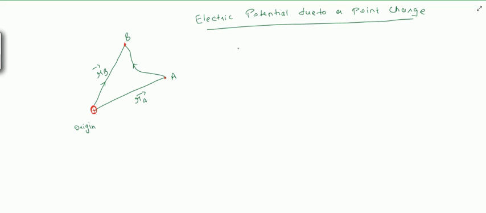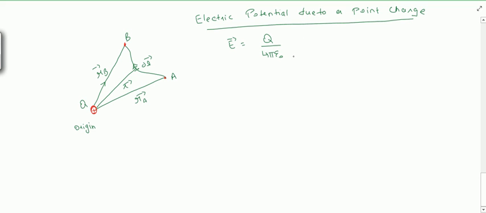So you know that the electric field due to this point charge will be, suppose here I am considering a dl length. So the electric field will be q, suppose this charge has magnitude q, divided by 4 pi epsilon naught, and the vector here, let us say r vector.